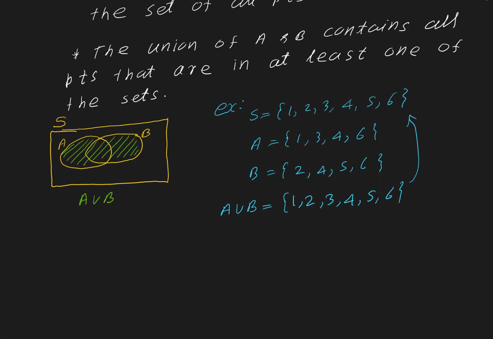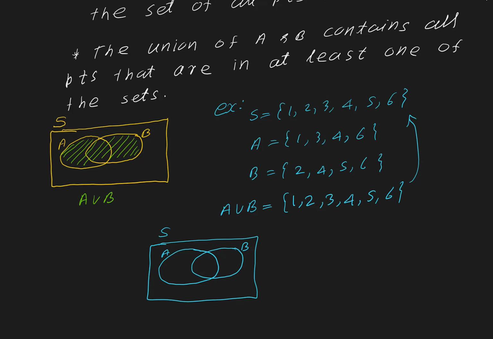How do we use a Venn diagram for this example? So, we have S as usual, then we have A and we have B. First we go with the common elements. The common elements are 4 and 6.